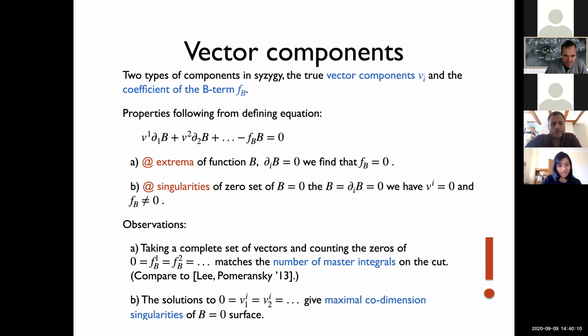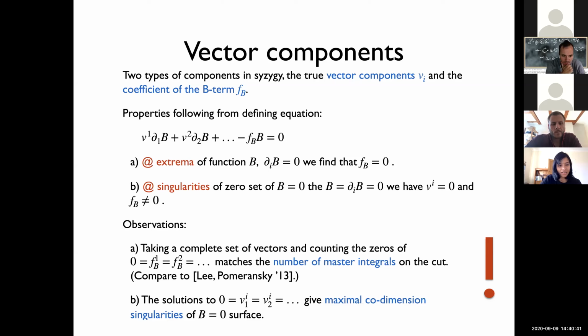Now we can discuss this on particular places of the cut surface. In particular, we can look at the extrema. If you look at an extremum of the Baikov, then the Baikov itself is non-vanishing, but the derivatives of the Baikov are vanishing. So for this equation to hold, you need that this F times B actually vanishes. So whenever you have a syzygy solution on the extremum, F times B vanishes.